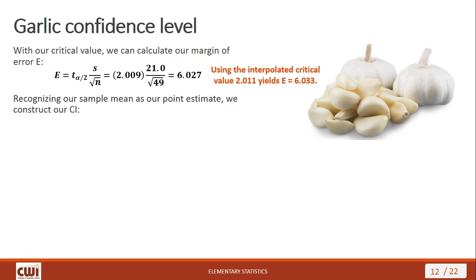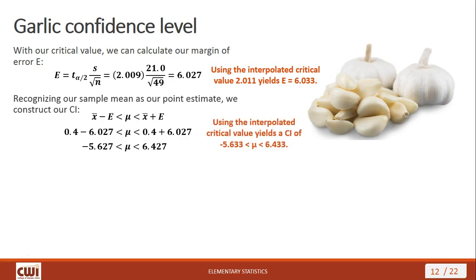Now we have what we need to construct our confidence interval. So here's the general form. Substitute in what we know. Our sample mean is our point estimate. So 0.4 minus 6.027 on the left, plus 6.027 on the right. And out comes negative 5.627 to 6.427.